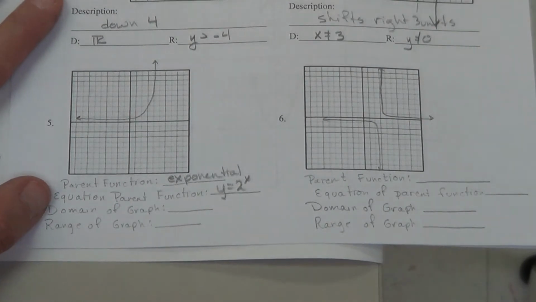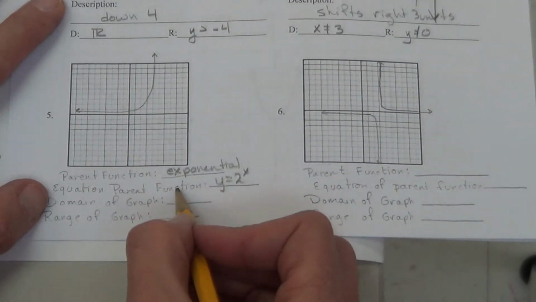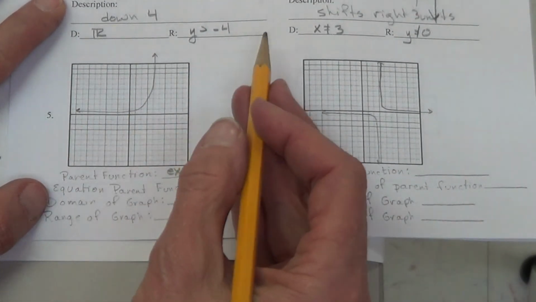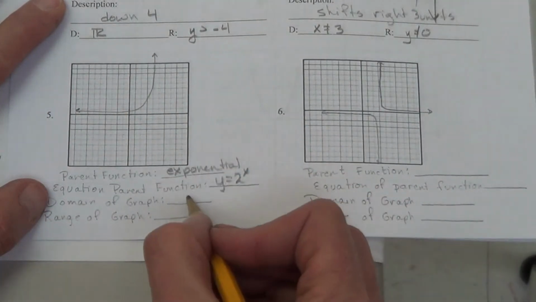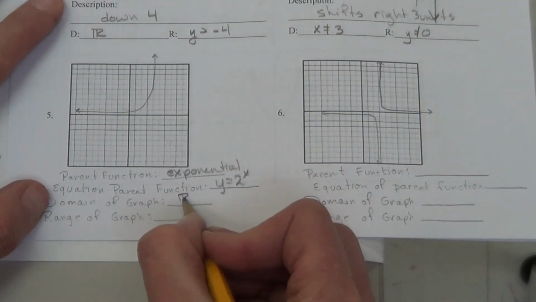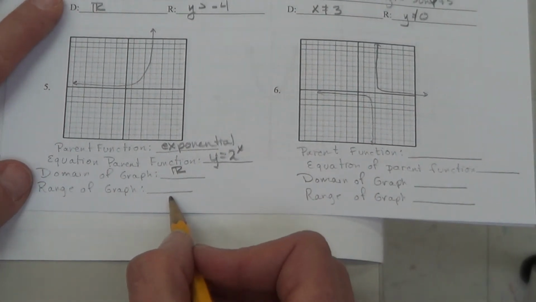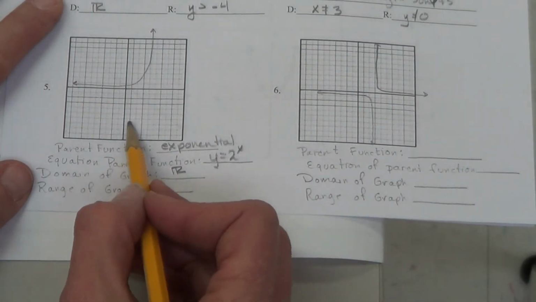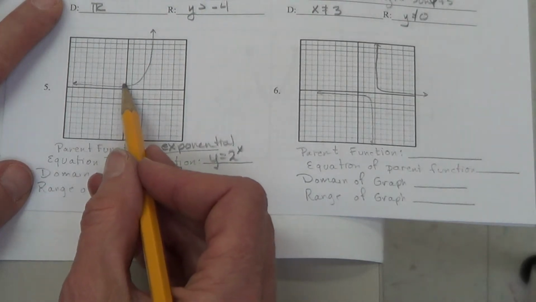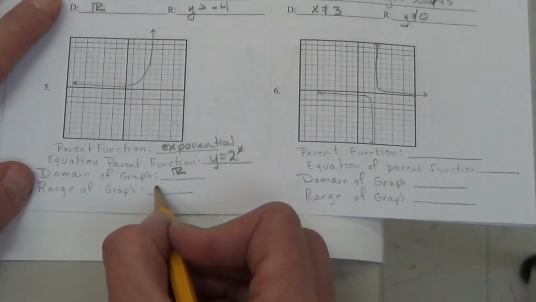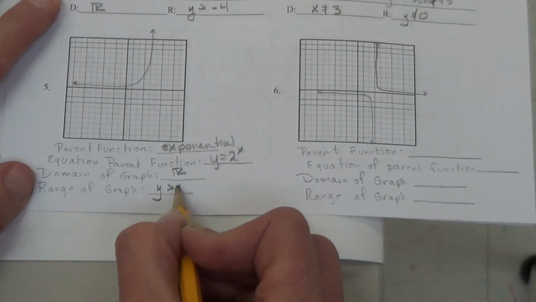The domain of the graph, we can go forever and ever in both directions on the x-axis, so it's all real numbers. And the range for the graph, there's no graph down in here. We don't see graph until after we get past 0. So y is greater than 0.